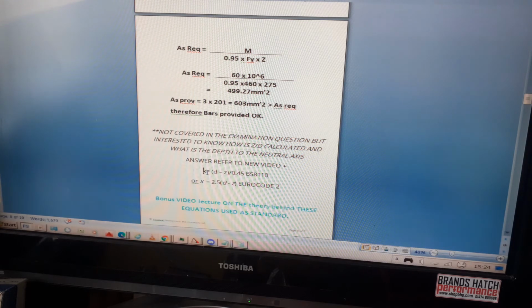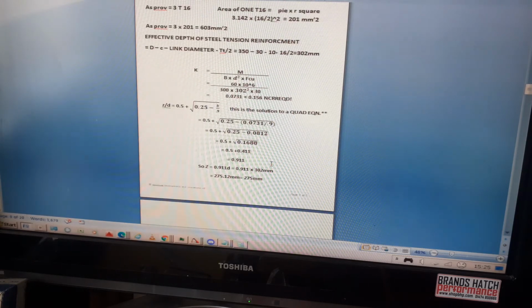But it doesn't ask you for this in this question, so I'm just going to do that in a separate video. So that will be a bonus video on the theory behind these. I noticed as well in Eurocode 2 that the depth of the neutral axis is 2.5 times D minus Z. So it's slightly different, but I'll cover that in the next video.